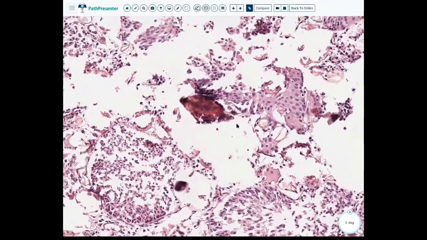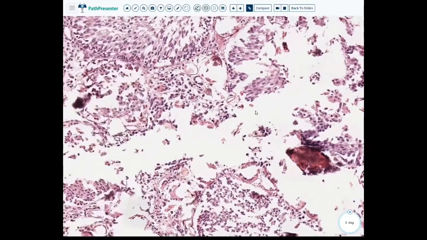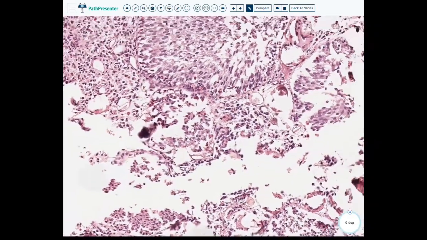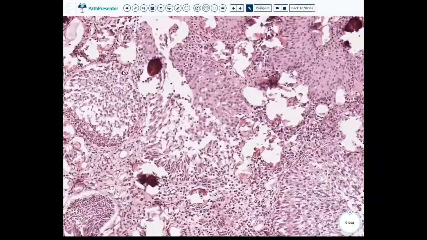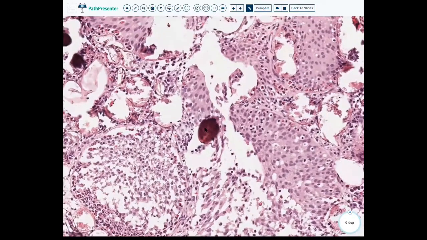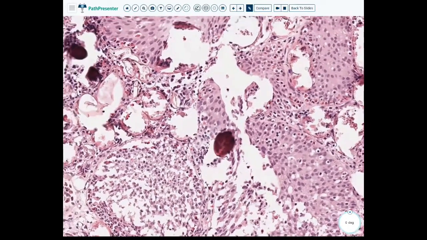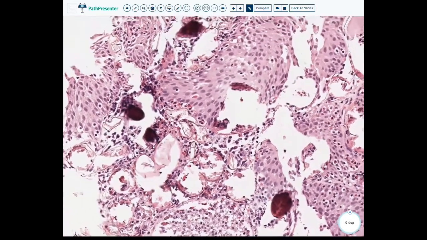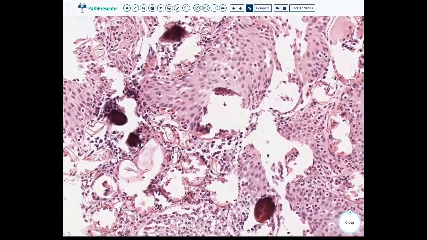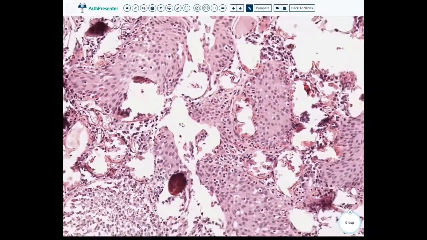Don't think we have any good spikes to look at, but that's okay. Because remember, even if you have spikes, which they're supposed to be terminal spikes for this entity, it's really difficult to assess that on H&E.